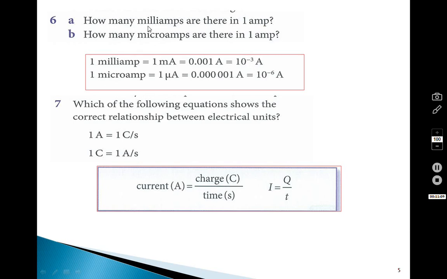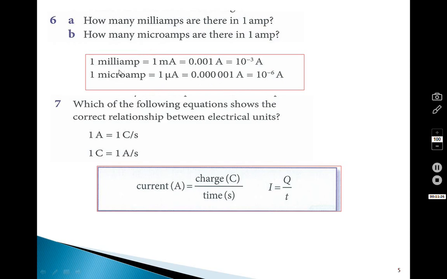So 1 milliampere is 10 to the power of minus 3 ampere, and 1 microampere is 10 to the power of minus 6 ampere.